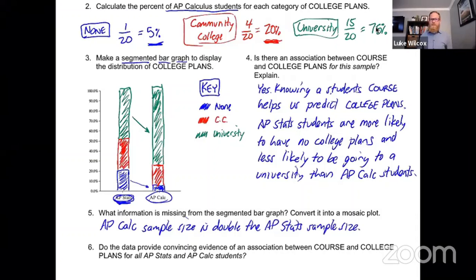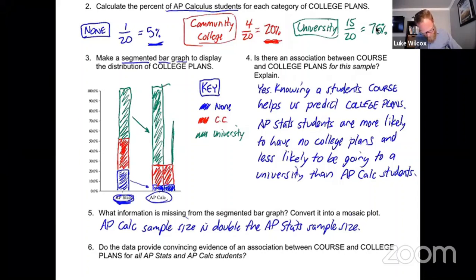Now, we do have a way of fixing that, and that is using a new type of graph, which is called the mosaic plot. Essentially, the mosaic plot is the segmented bar graph, but somehow we want to show that there were twice as many AP Calculus students in the sample as AP Statistics. Well, check this out, very easy. If I want it to be twice the size, I'm going to make the width of the bars twice the width of the bars for AP Statistics.